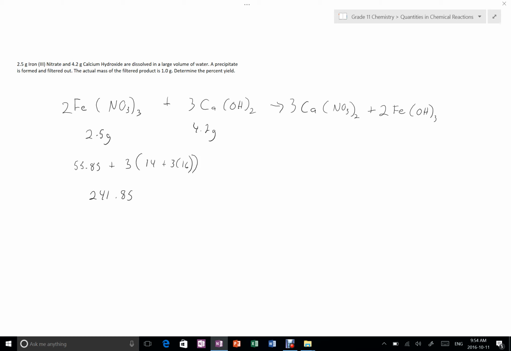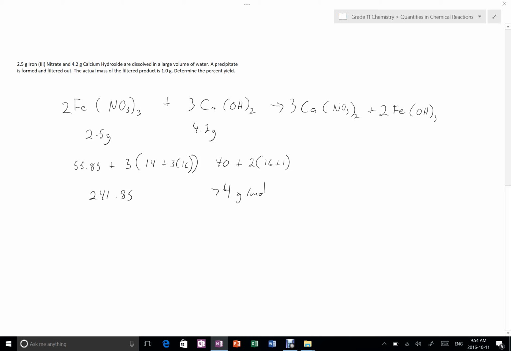Calcium has a mass of 40, plus 2 times oxygen plus a hydrogen. 17 times 2 plus 40 gets me 74 grams per mole.